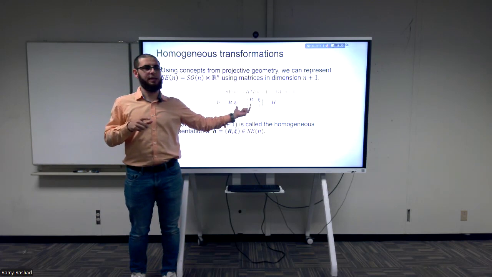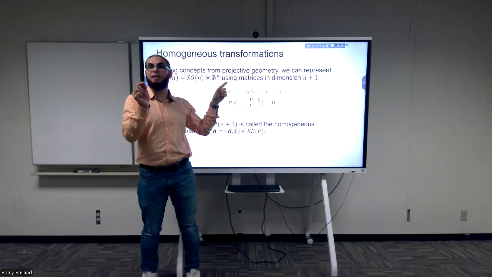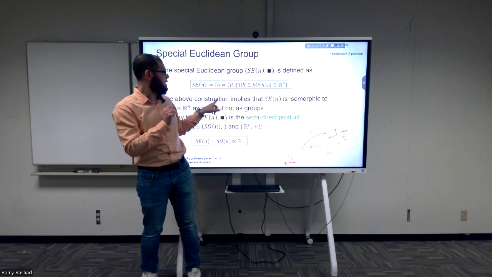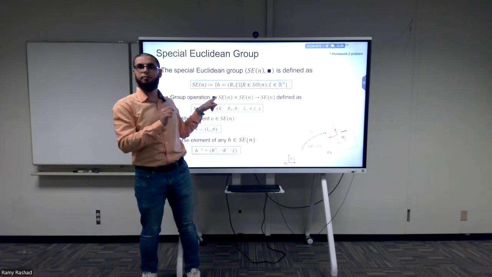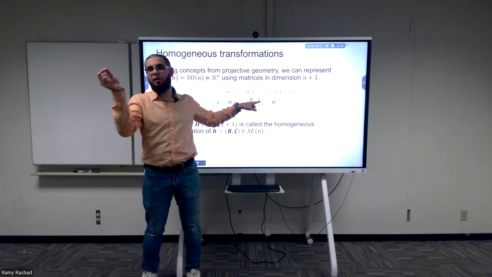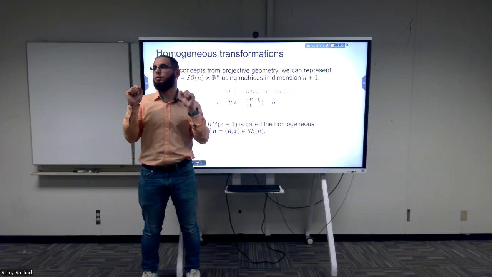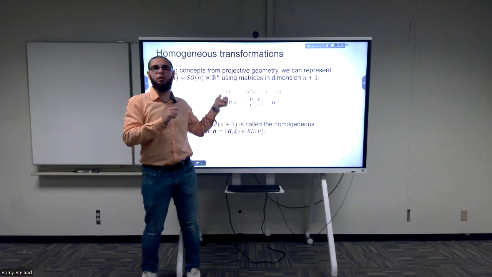A group homomorphism, exactly. This group with its operation, and that group with matrix multiplication as its operation, are isomorphic as groups. So anything you can do with this, you can do with that.